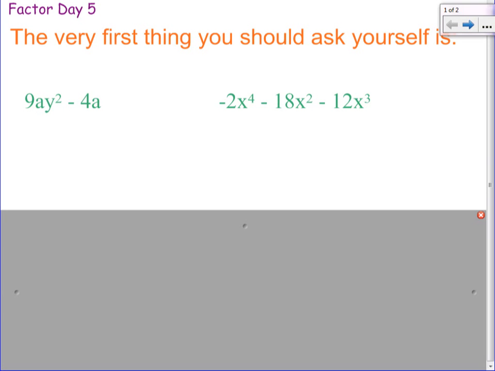What is the very first thing we should ask ourselves every time we do one of these? Yes, we need to take out the GCF. Okay, so that's what we're going to do every single time on these problems. So is there anything we can take out of this one?